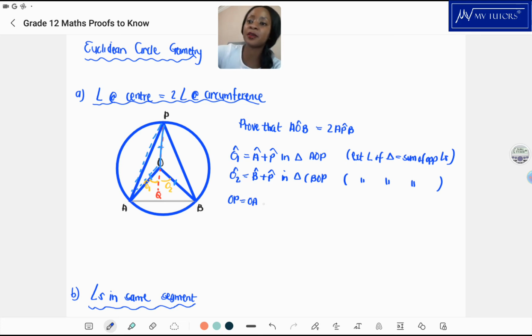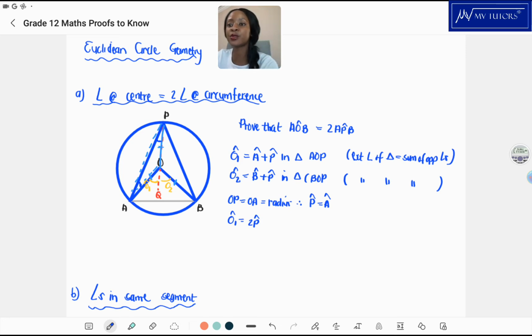It's equal to the radius, and if that's the case, we could say then therefore angle P is equal to angle A. So these two angles over here are equal. What does that mean for me? So now if P and A are equal, then we can say that O1 is equal to 2P.